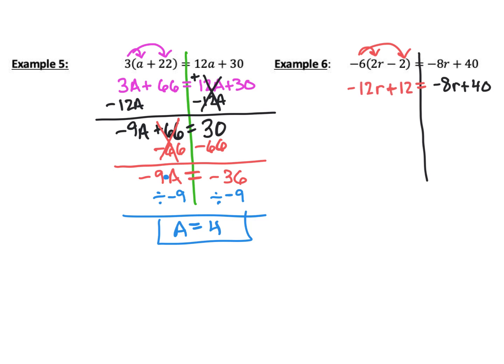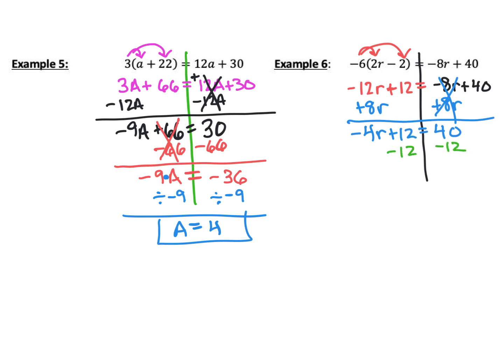Now I'm going to move that negative 8r over here with his friend. So I'm going to add 8r to both sides. Negative 12r plus 8r is negative 4r, and then we have plus 12 equals, the negative 8r goes away, we have 40. 12 wants to be with his friend on the other side, so I'm going to subtract off 12.